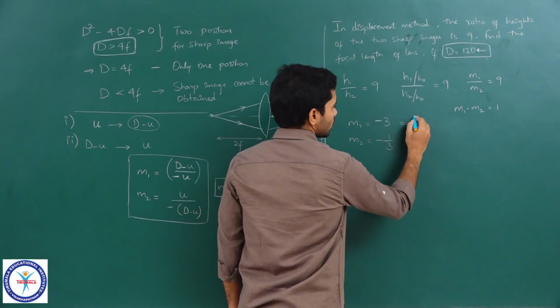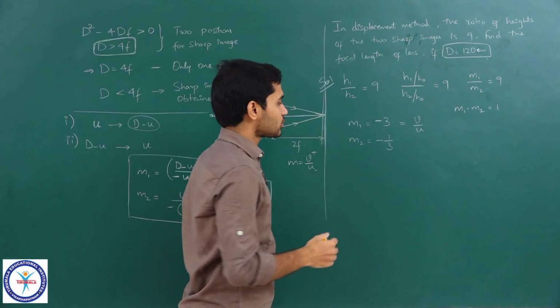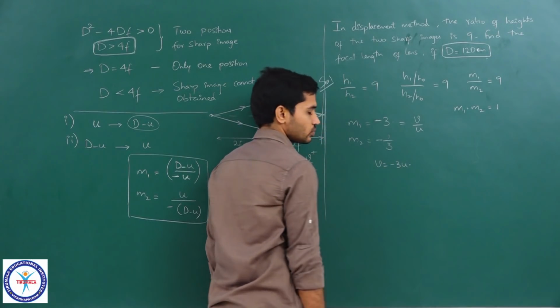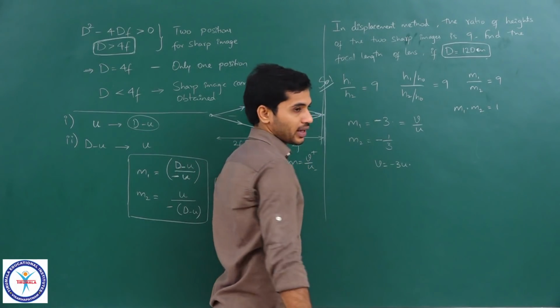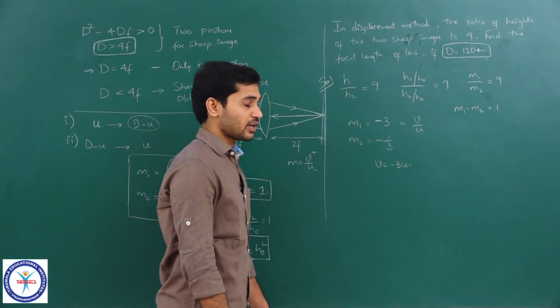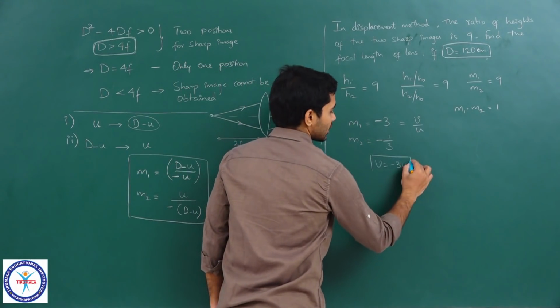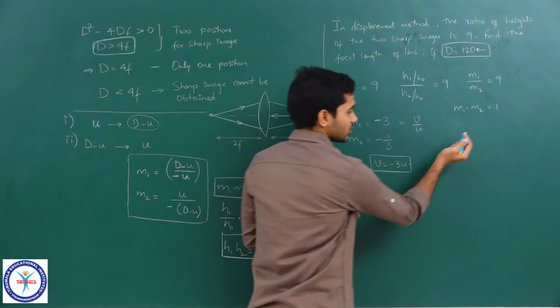You know that this is equal to V by U, right. Simplifying this, you will be getting V is equal to minus 3U, and you know that the sum of these two values should be equal to 120 centimeters. Let me draw the diagram, it will be clear.